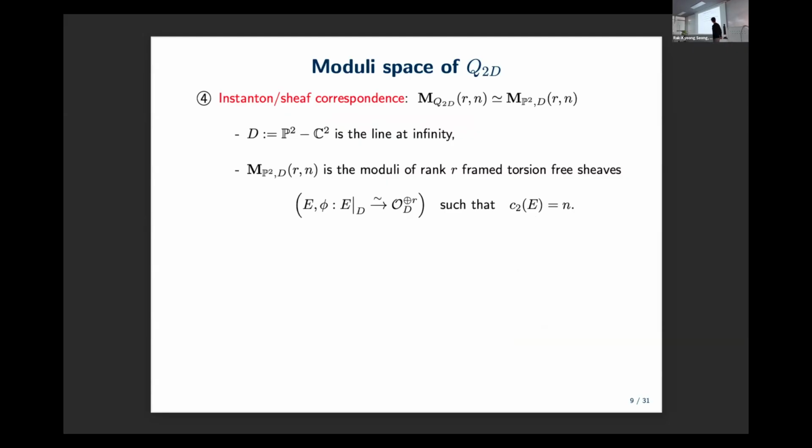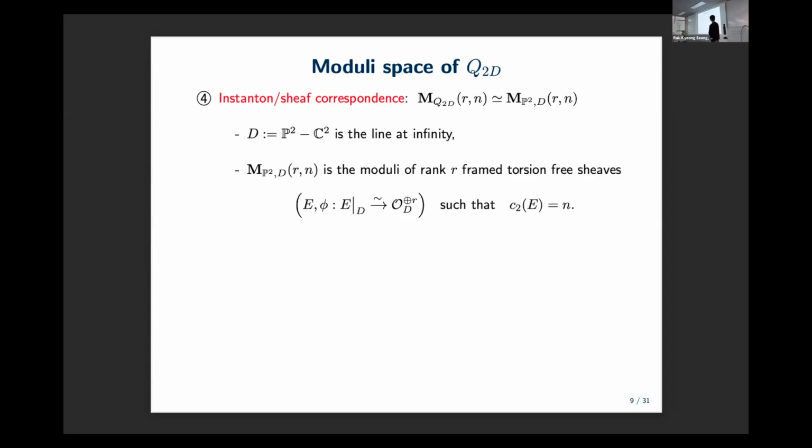E is a rank r framed torsion-free sheaf. This torsion-free sheaf is basically a vector bundle with some singularity at finitely many points. And phi is a fixed isomorphism on the boundary. If you restrict this bundle to the boundary D, then it should be trivialized by this phi. And then c2, some topological number attached to this framed sheaf, corresponds to the instanton number n.